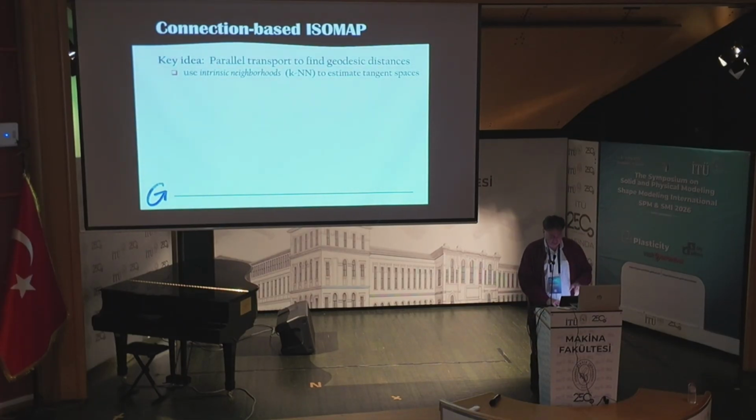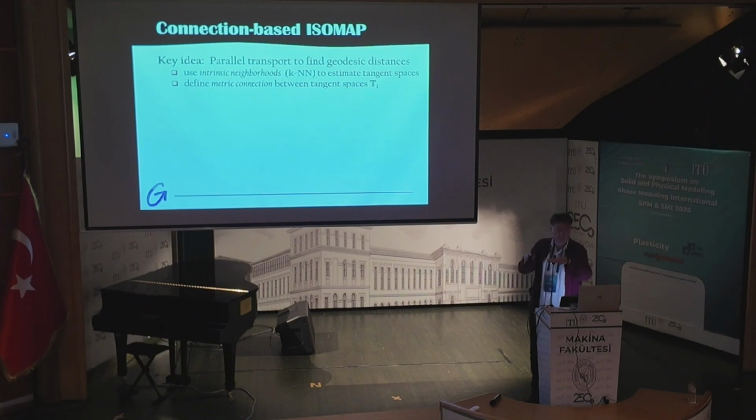We start with k-nearest neighbors, but now from the k-nearest neighbors, we estimate a tangent plane, a little bit like the triangle before. So for every point, we have a plane, just like the triangle before. And then for two neighboring planes, we compute the equivalent of the angle of the Levi-Civita connection, how to move from one coordinate frame to the next. So here we do the same thing.